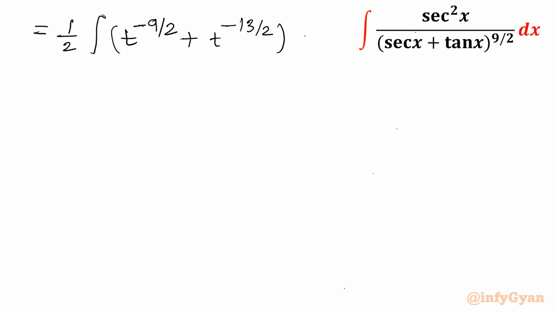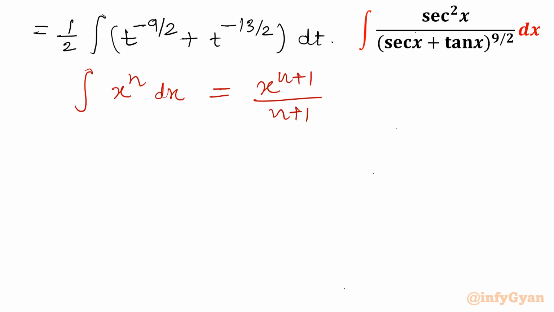Now let's write that value: half integration of t raised to the power minus 9 over 2 plus t raised to the power minus 13 over 2 dt. We know that in integration there is a very common general formula: the integral of x power n dx is x power n plus 1 over n plus 1, plus an integration constant, suppose k, you can write c also.